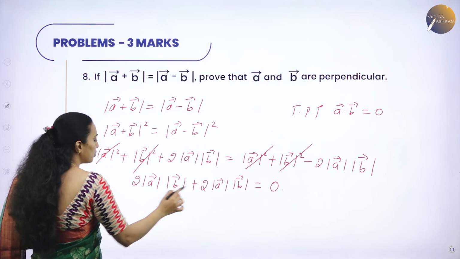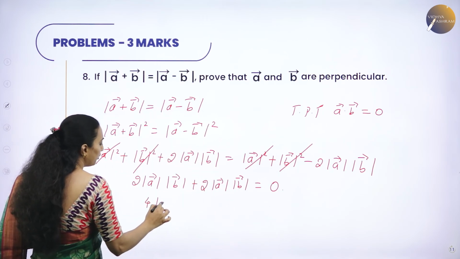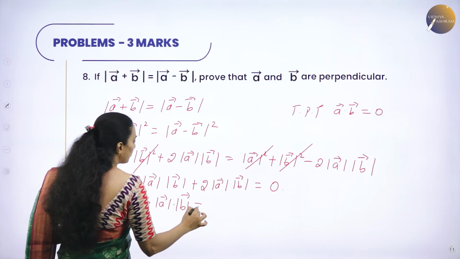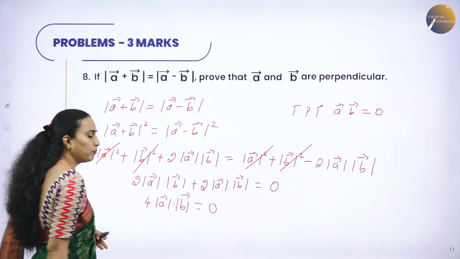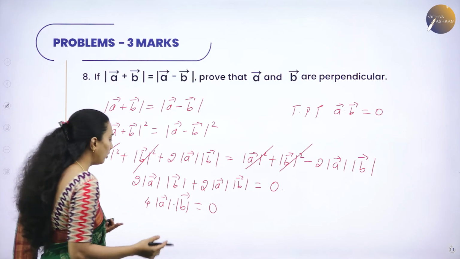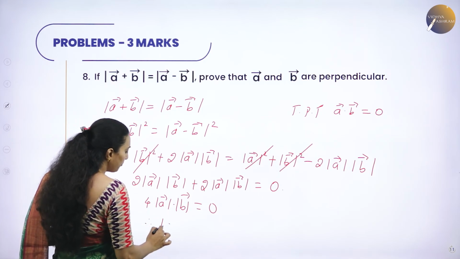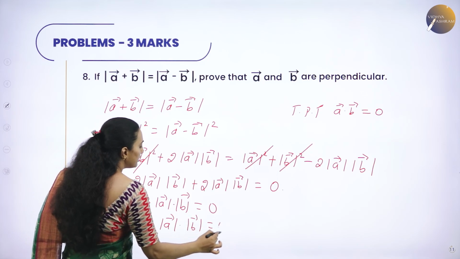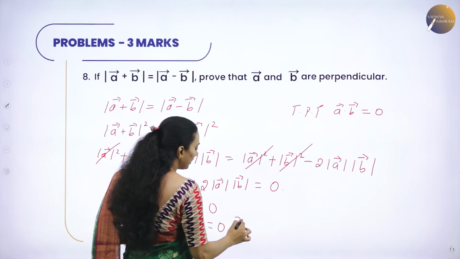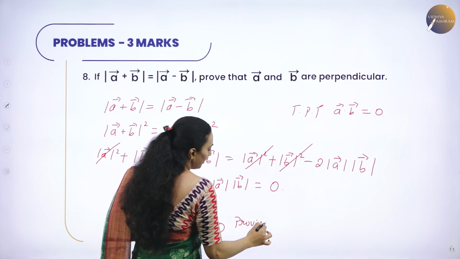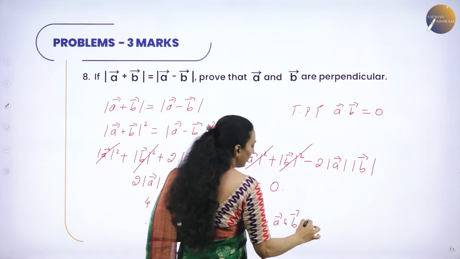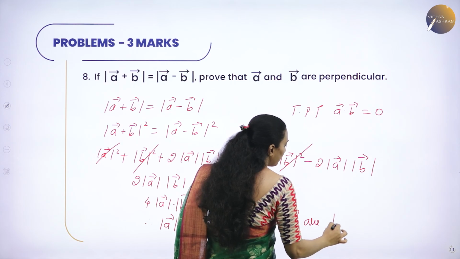That is 4 times magnitude of A into magnitude of B equal to 0. You can cross multiply 4; 0 divided by anything will be 0 only. Therefore the product is equal to 0, proving that A vector and B vector are perpendicular to each other.